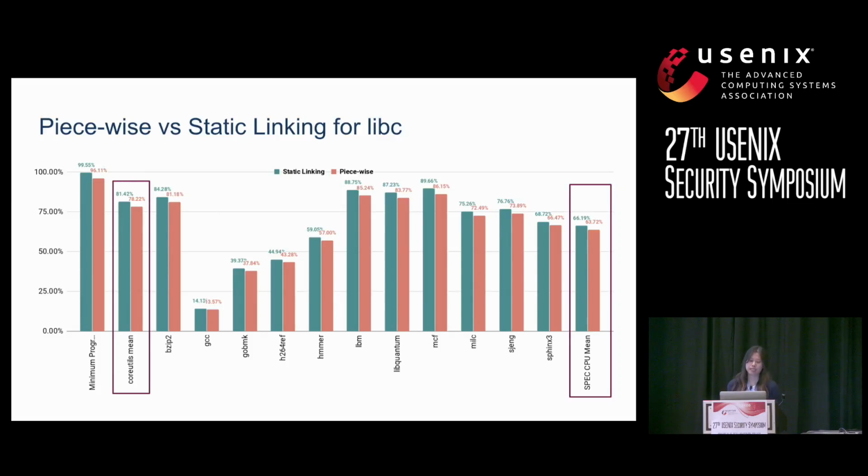As you can see, we apply both piecewise and static linking onto several programs. We have the minimal program, we have the coreutils programs, and then you have the benchmarks from SPEC CPU 2006. On average, the performance of piecewise is comparable to static linking, with a difference of at most 5%. We remove at most 5% less than static linking.